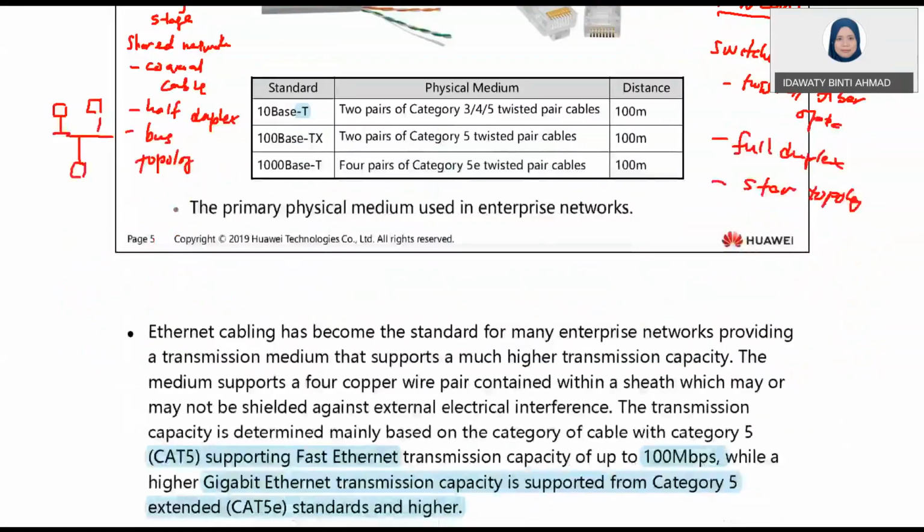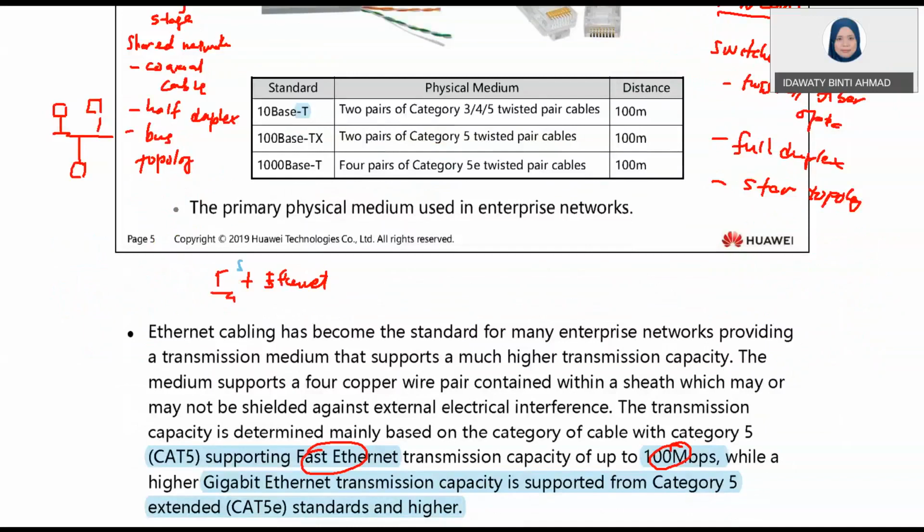So for Ethernet, there is a history of this Ethernet. You have fast Ethernet. I hope you know by now, fast Ethernet is 100 megabit per second. This you have to memorize.